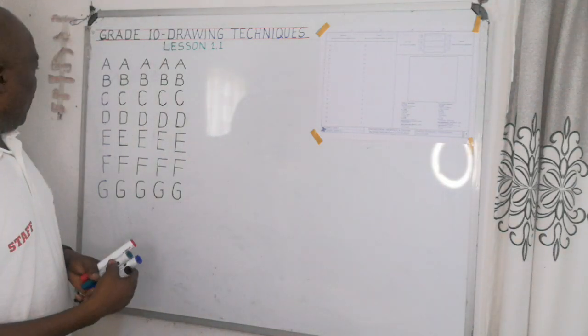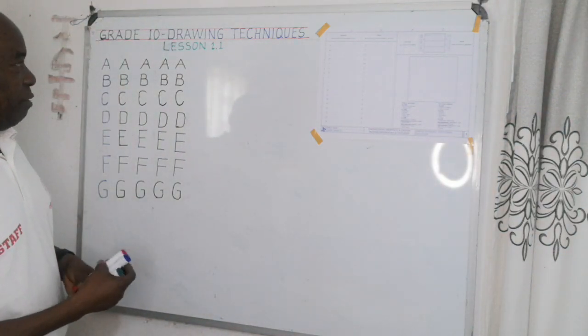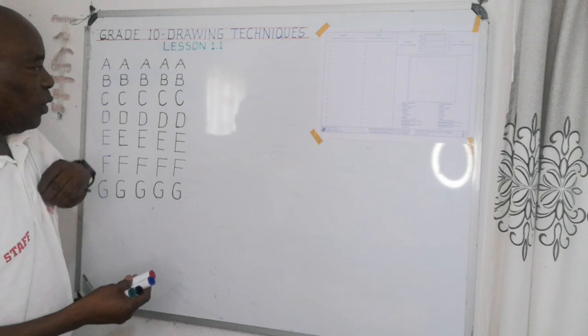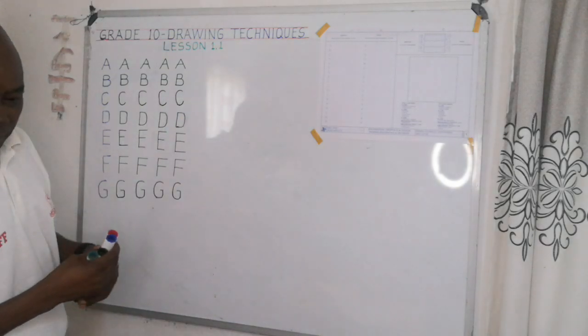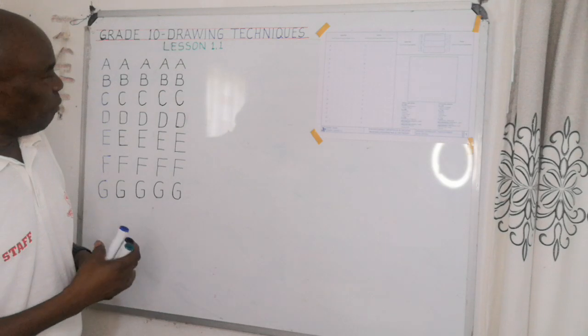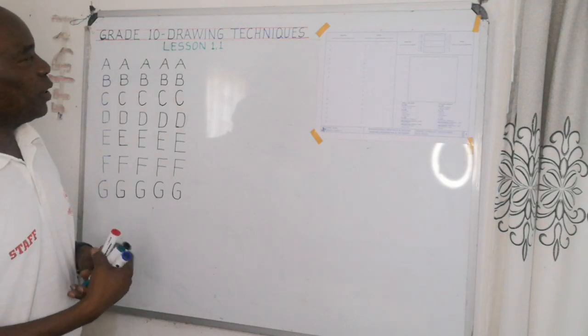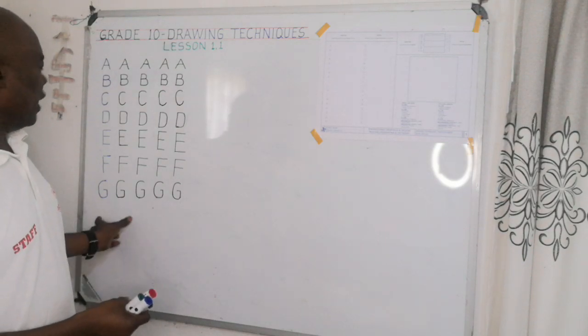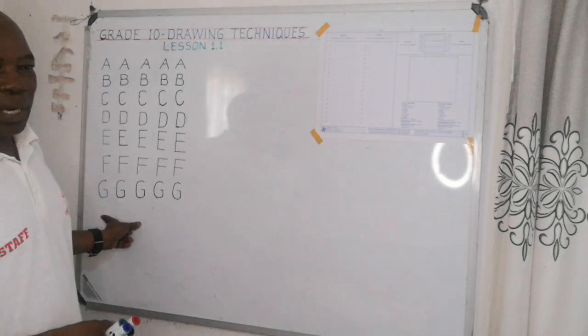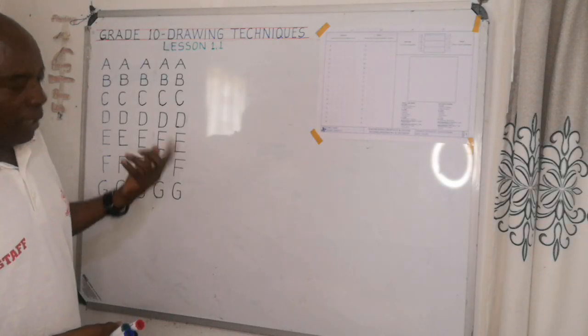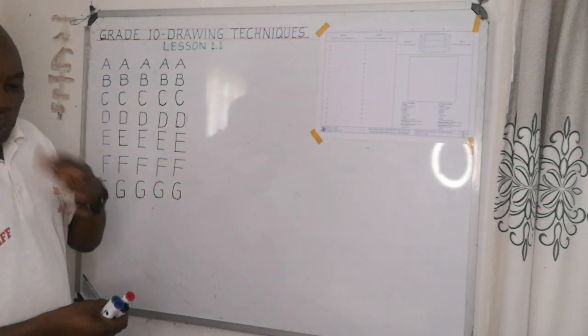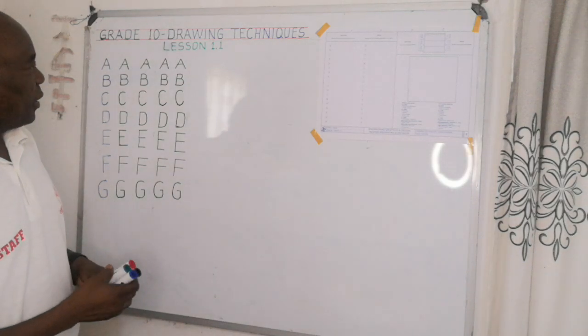So I think I've done a few examples on how to actually do your printing, because you'll be copying from the given information. Now coming to the numerals, that's from 0, 1 up to 9. Those are numerals.